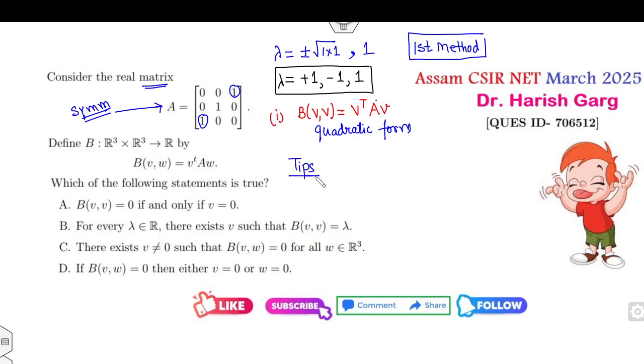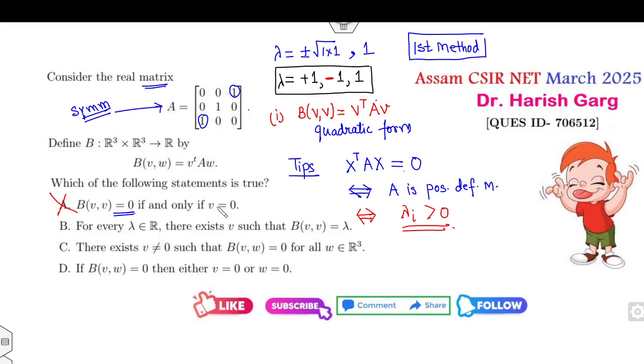So you all know whenever you have x transpose A x equal to 0, this is 0 if and only if A is a positive definite matrix. So A will be positive definite if the eigenvalues are greater than 0. But you can see one of the eigenvalues is not greater than 0. That means this is 0 if and only if V is equal to 0 is not satisfied, if and only if x is equal to 0.